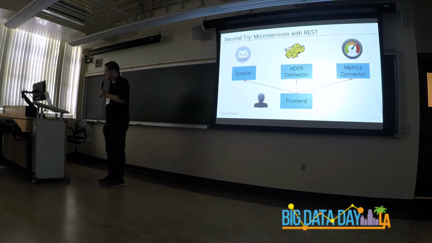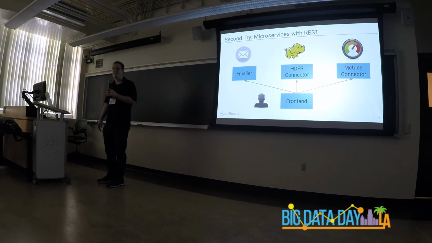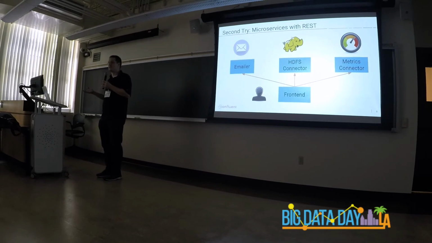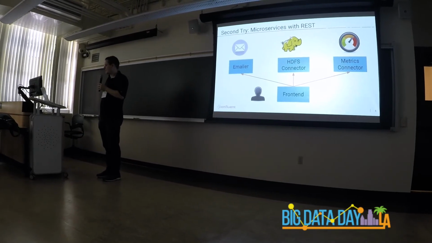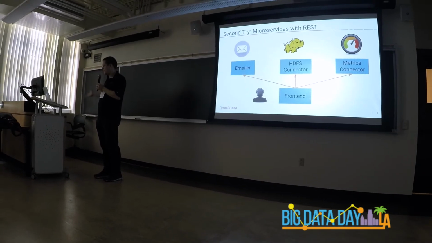So our second try is to use microservices with a REST API between them. What I mean by that is that the front end will receive a user request and will then make REST requests to different microservices that we've set up. For example, we might have an emailer service which has a queue of emails that it needs to send. We might have an HDFS connector service which has a queue of things it wants to send to HDFS.